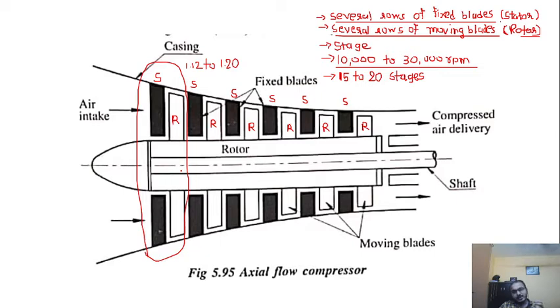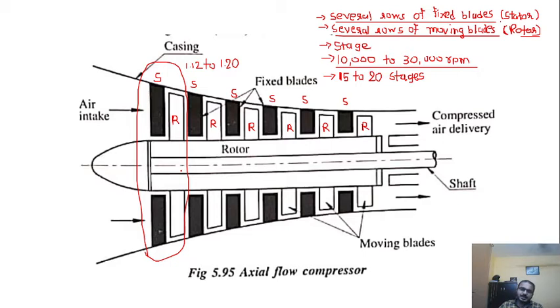As the volume is being reduced, to compensate for that, the cross-sectional area is also reduced, so that the constant axial velocity is achieved throughout the axial flow compressor. So that is the reason behind having a converging area.